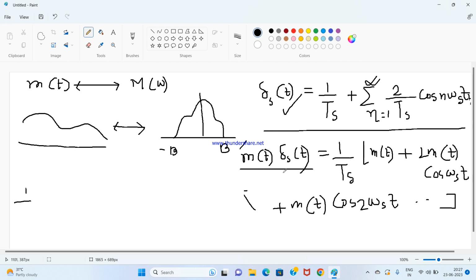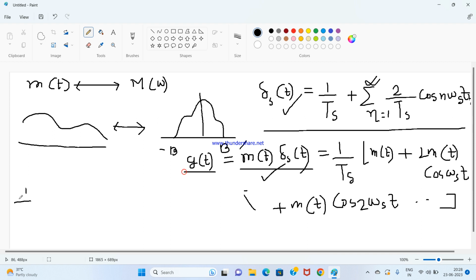Now if we take the Fourier transform of this function, let us call this function g t. g t is equal to m t into delta s t.